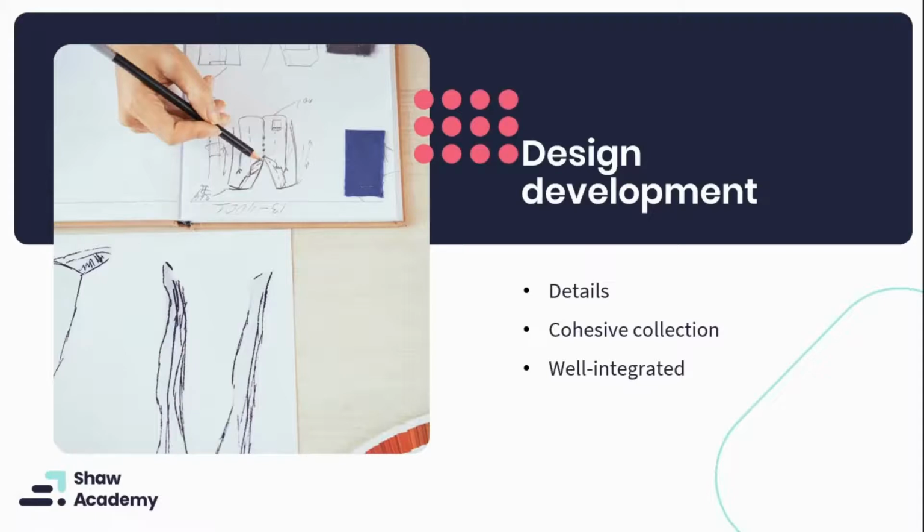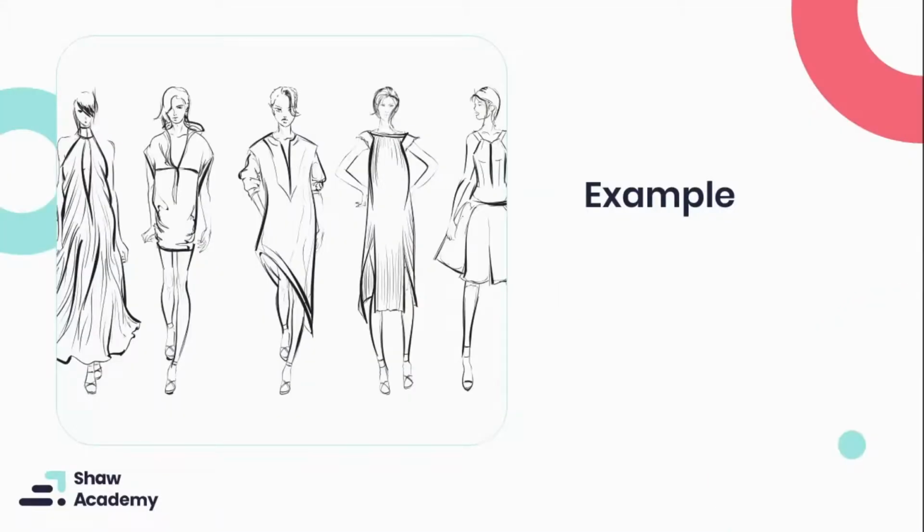To create cohesion, you need to be critical and analyze your designs. You need to be able to identify the elements and principles you have used and incorporate those elements and principles throughout your collection. Let's look at an example. So this is my example. Let's quickly look at the silhouette.